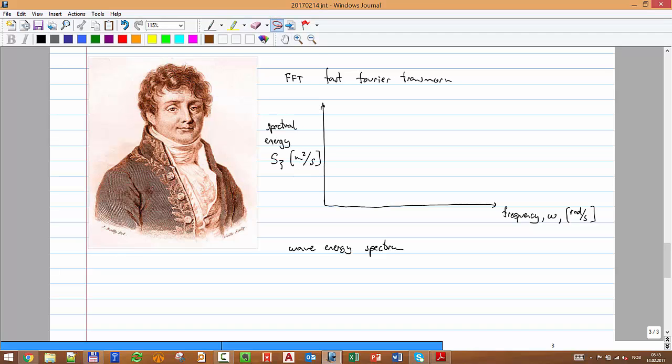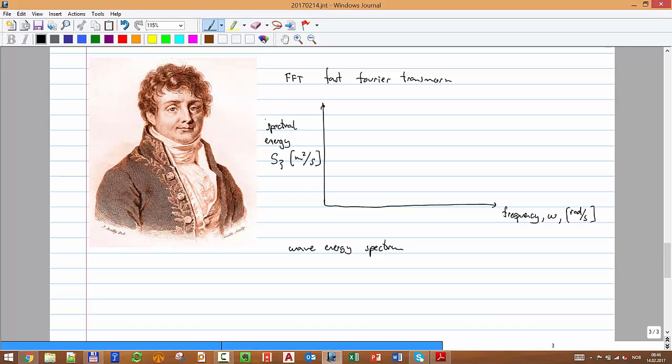You are asking why that appeared here. What is that spectral energy? We had our elevation signal, so why did this spectral energy come in? It's just part of the calculation of the Fourier transform.